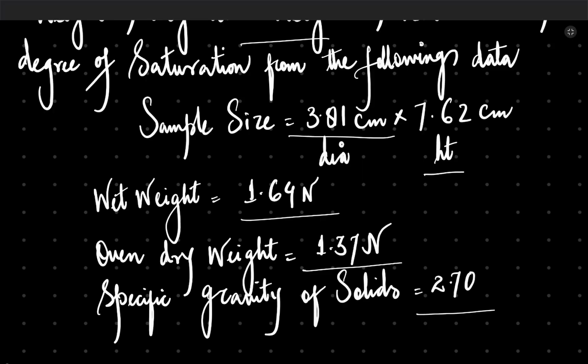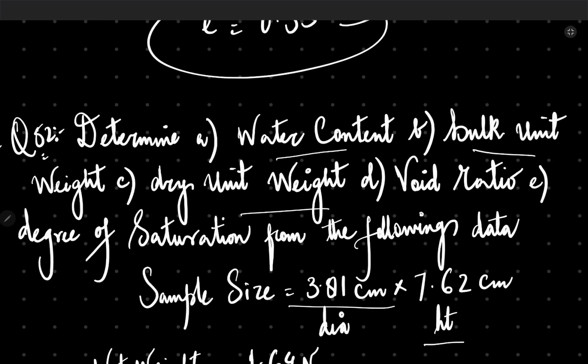So these are the dimensions. 3.81 centimeter is the dia and 7.62 centimeter is the height. This is the wet weight or the moist weight or the bulk weight of that soil in that sampler, and this is the weight after oven drying to remove all the water, and this is the specific gravity of soil solids.